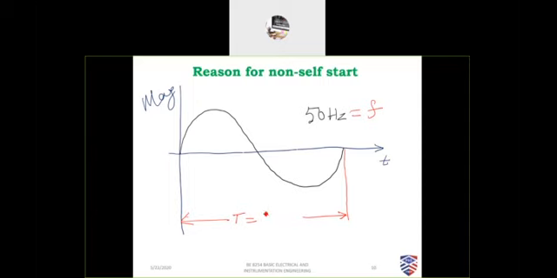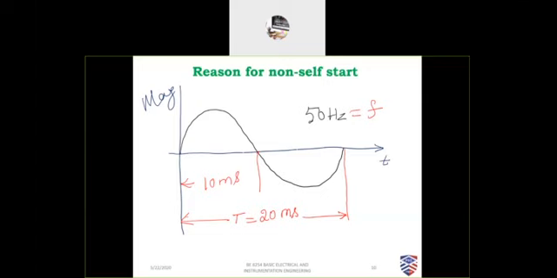This is 20 millisecond, so this half is 10 millisecond. So every 10 millisecond, the pole of the stator will change.